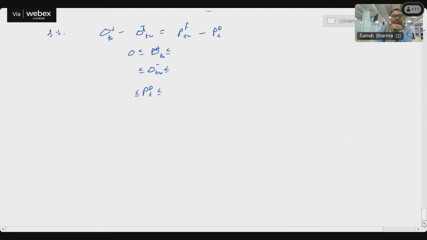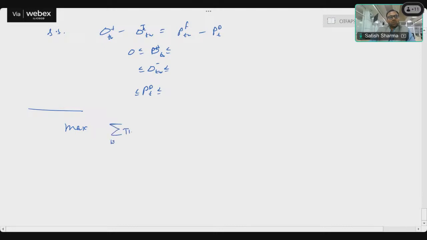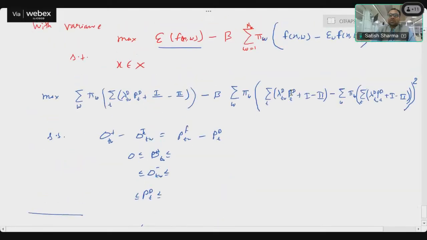another formulation is that we can also put it like this: maximization of summation over w, pi w was there, summation over t, lambda d t w p d t plus first term minus second term. Okay, so this is the time and this is the expected value, subject to all the conditions which we have discussed earlier, and I can place this particular term in the constraint as well.